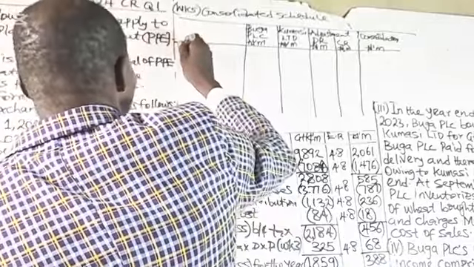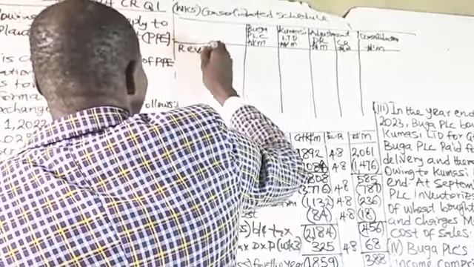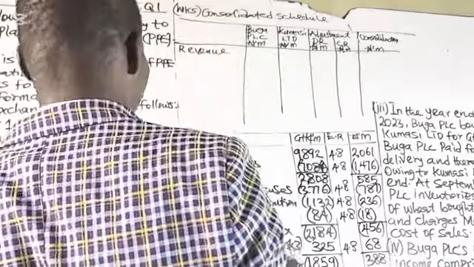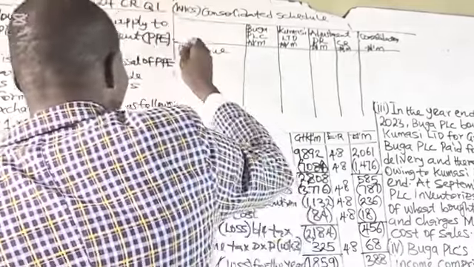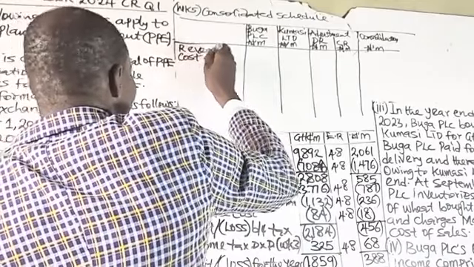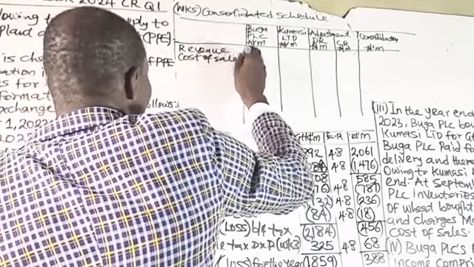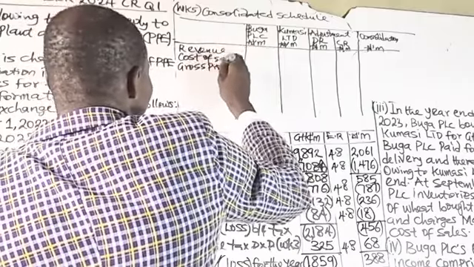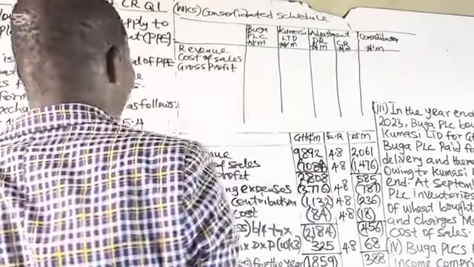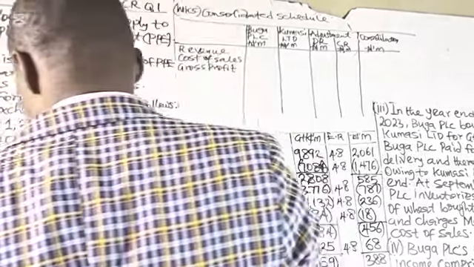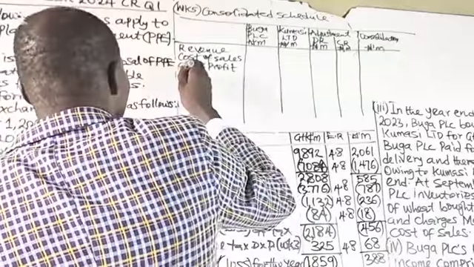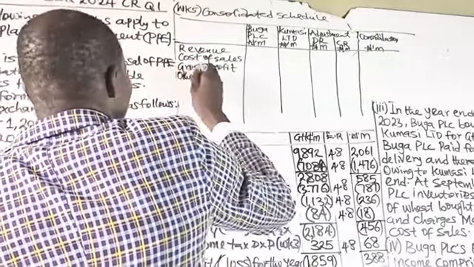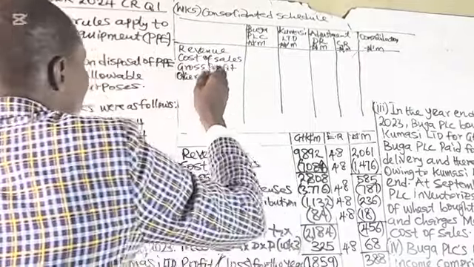The first item is revenue. After revenue, we have cost of sales. Then after cost of sales, we have gross profit. After gross profit, we have other operating income.